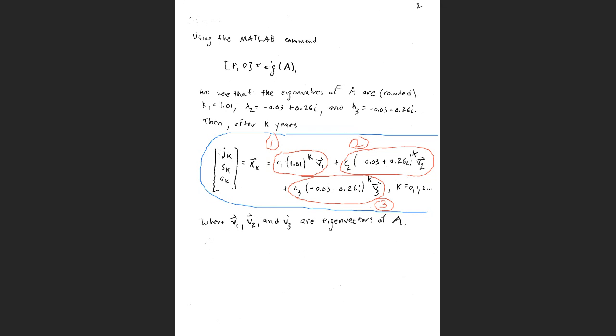Let's look at term 1, this first term: C1 times 1.01 to the kth power times eigenvector V1. As k gets large, does the first term disappear or does it stay?